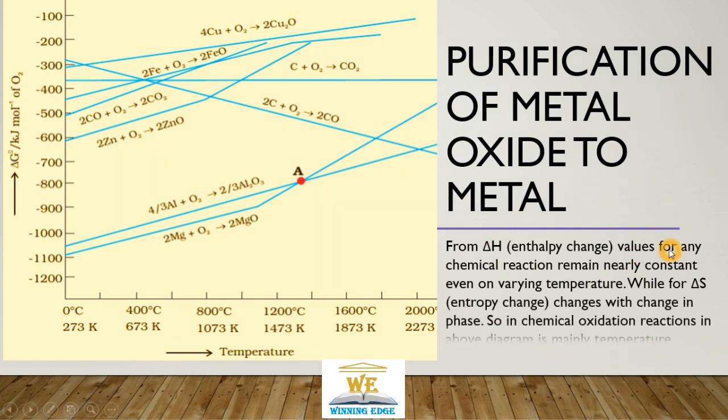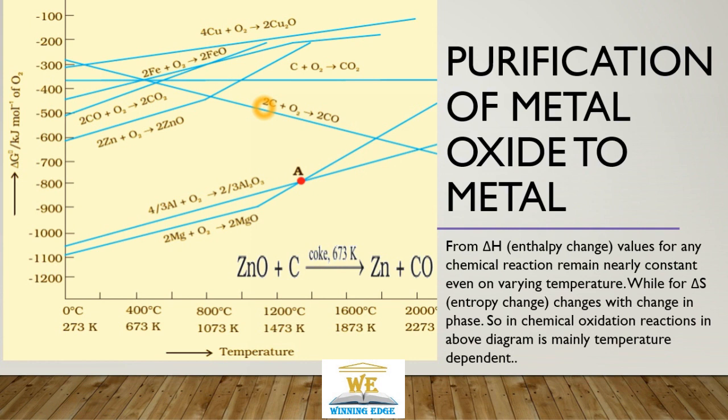Delta H values for any chemical reaction remain nearly constant even on varying temperatures, whereas delta S changes with change in phase. So in chemical oxidation reactions, the diagram is mainly temperature dependent. We have to understand that in these diagrams, temperature is the main factor for reducing any particular element of interest using another element as a reducing agent.